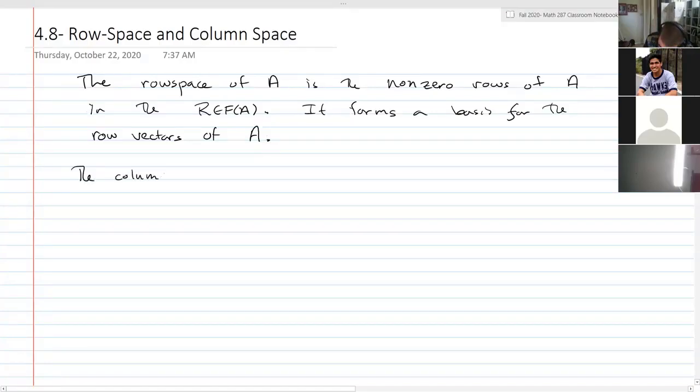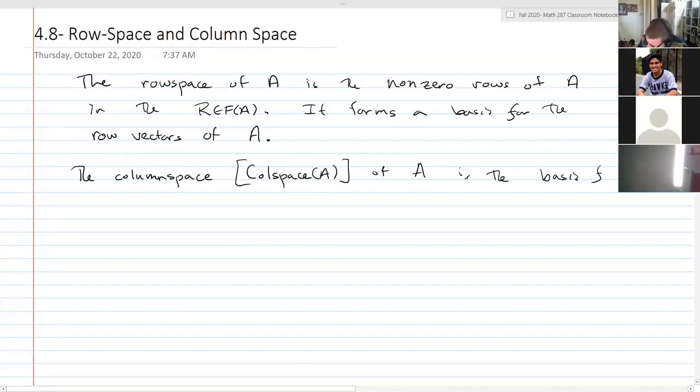And then the column space of A, which we denote Colspace A, is the basis for the column vectors of A. And we've talked about this from a theoretical standpoint before, when we were talking about span.